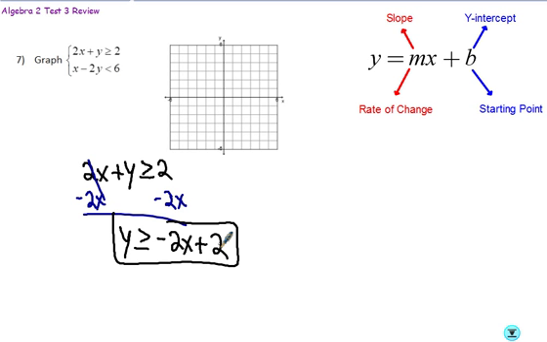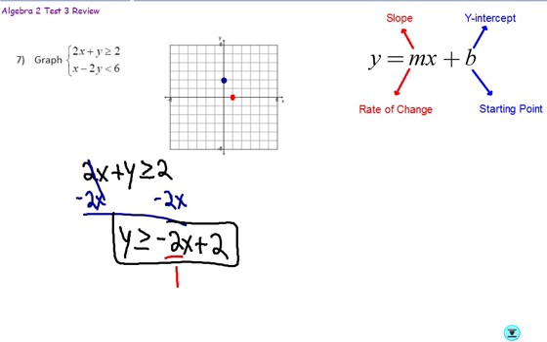Let's graph it. So we said that 2 is our starting point. So I would start at 1, 2. And then the slope represents how it's changing. If you want to think of this as negative 2 over 1, the slope on this one means that we would go down 2 and over 1.